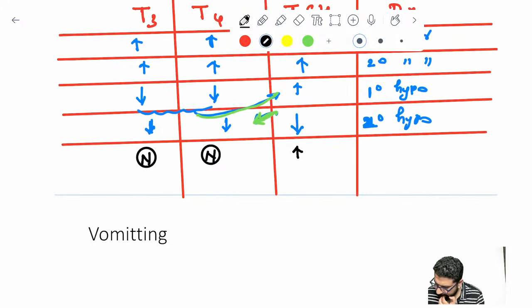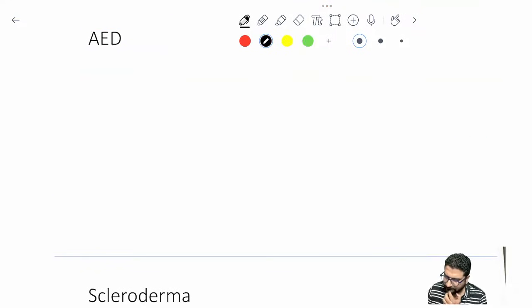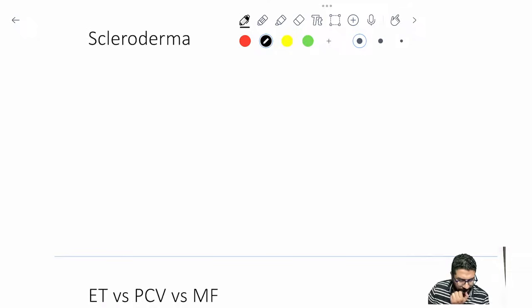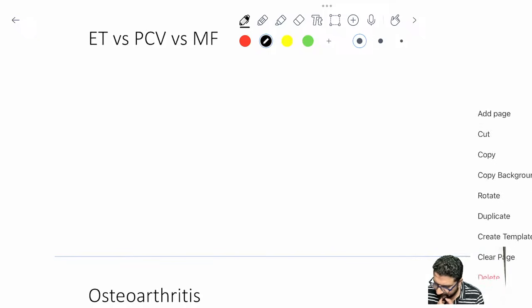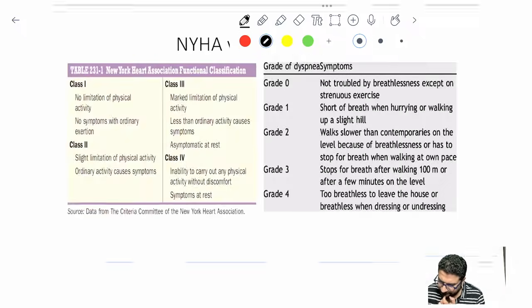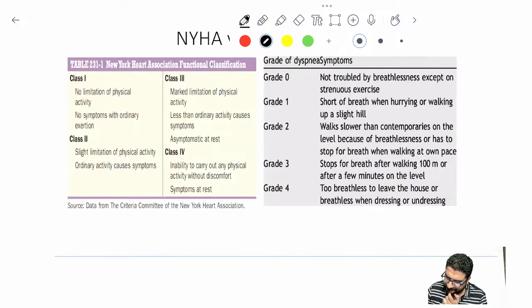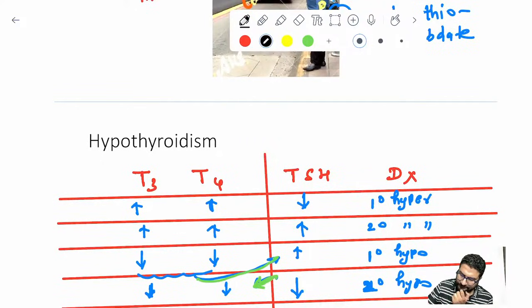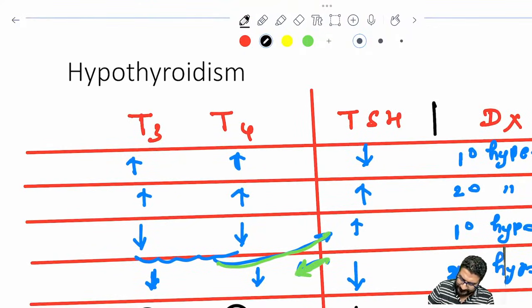Will this be primary? No. What do you think? Look at the screen carefully.